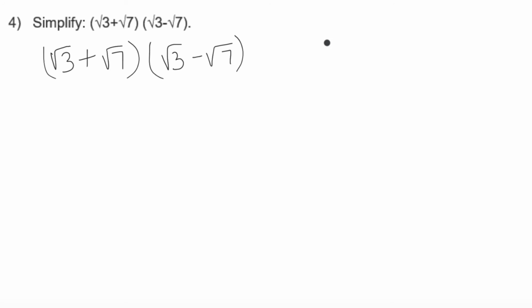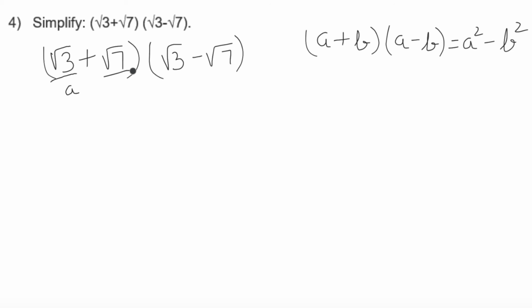Though we know the direct formula, a plus b multiply with a minus b is equal to a square minus b square. If you use this formula, you will directly get here a is your under the root 3 and b is your under the root 7.